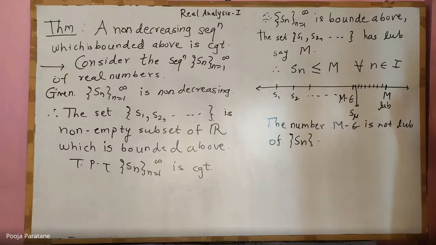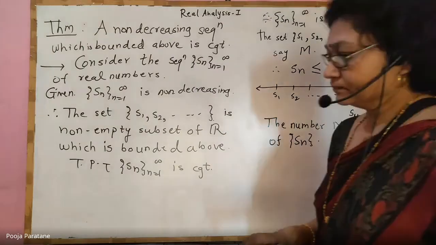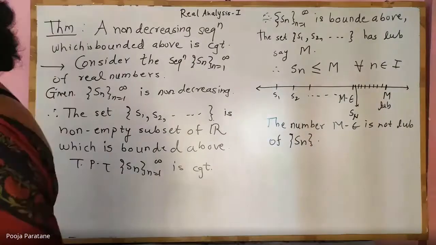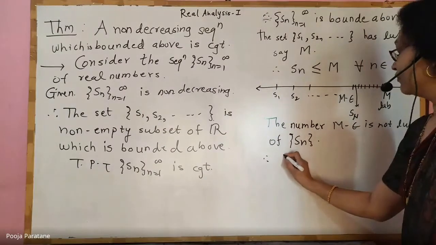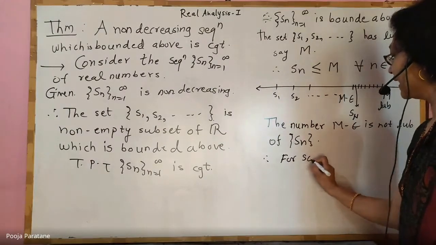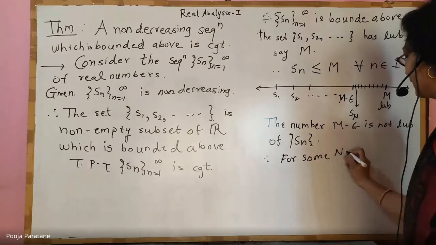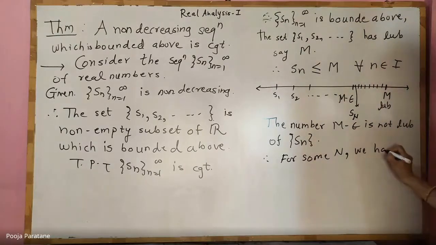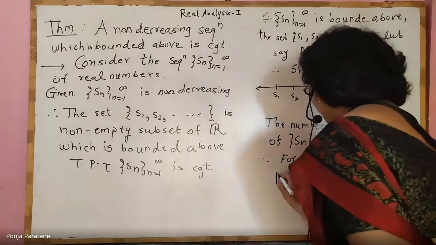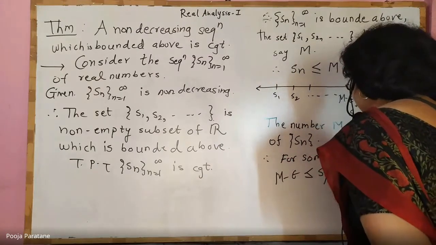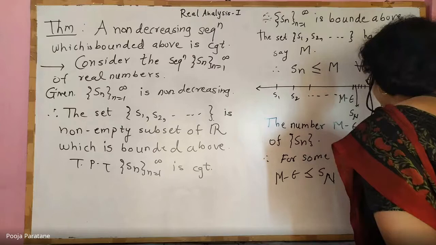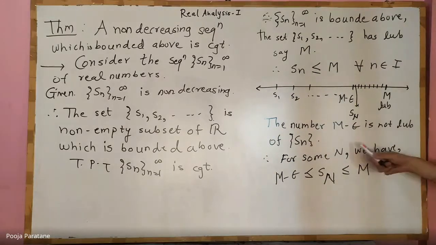So there must exist some terms between these two numbers, M minus epsilon and M. Therefore, for some capital N, we have M minus epsilon is less than or equal to SN is less than capital M for some particular N.